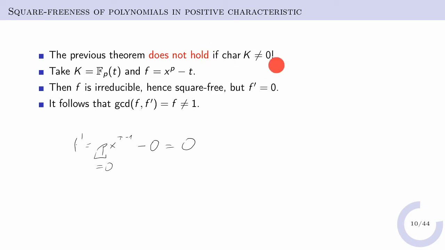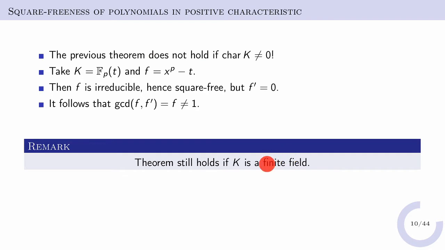This is because our field does not contain the rationals. One may wonder why I take such a complicated field of constants. Why didn't I take just F_p? Well, the reason is that over a finite field, this theorem still holds.